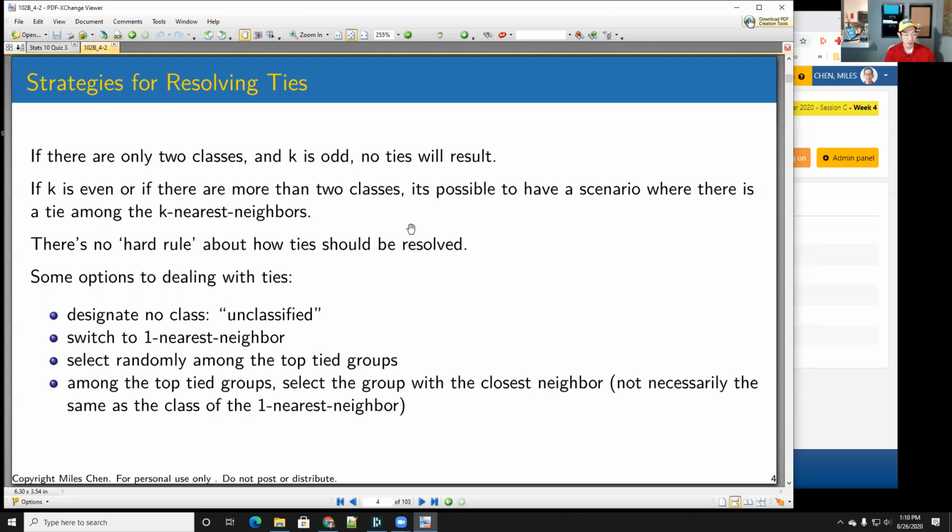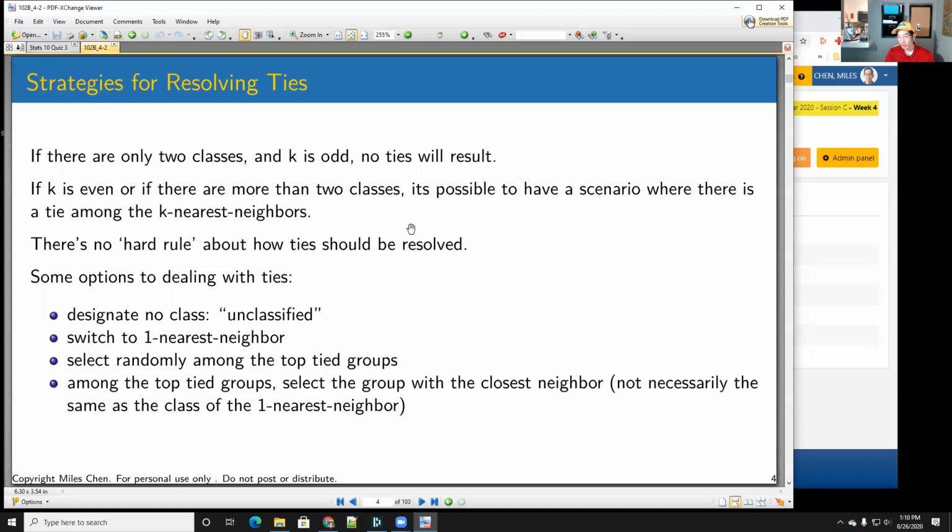We don't have a hard rule as far as how ties should be resolved, so we have a few options, and depending on the scenario, you might think about how you should deal with the ties.